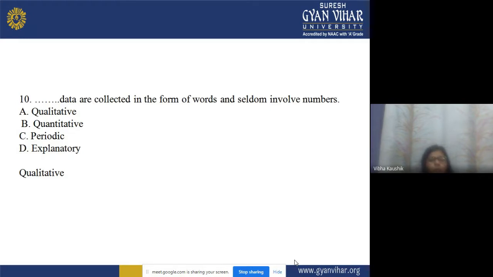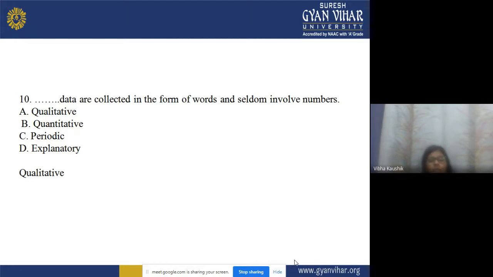Now the last one, the tenth one: dash data are collected in the form of words and seldom involve numbers. Which type of data is that? Options are A qualitative, B quantitative, C periodic, or D explanation.